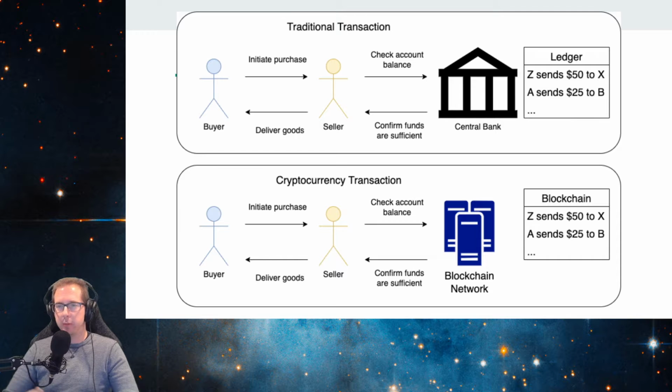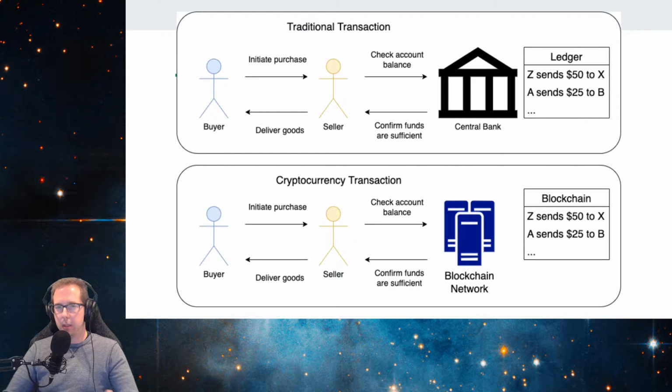So it confirms to the seller that yes, you can go ahead and make the trade, and the seller delivers the goods to the buyer. Similar situation for cryptocurrencies, but the seller would then check your account balance on the blockchain.